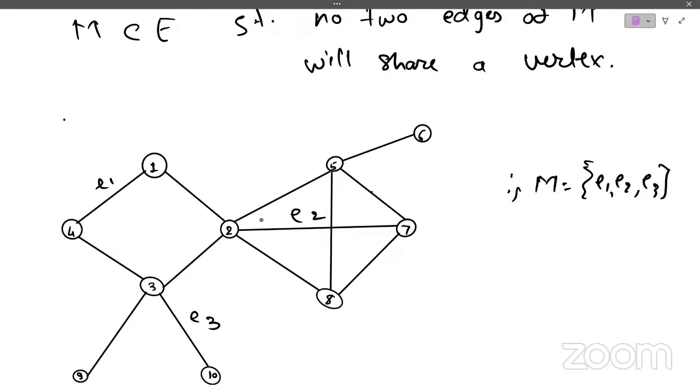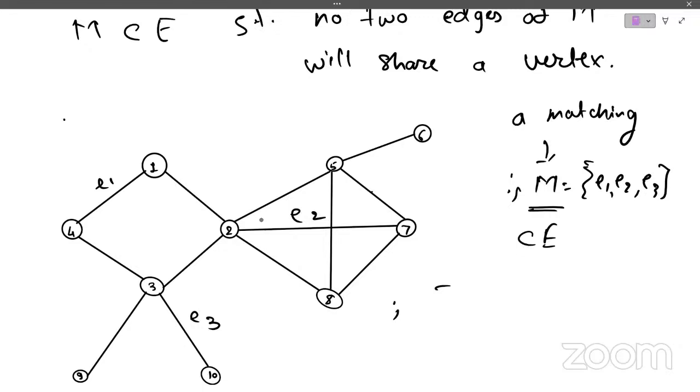Because E2 has endpoints 5 and 8, E3 has endpoints 3 and 10, and E1 has endpoints 4 and 1. So they are not sharing any vertex. So that type of subset of an edge set is called a matching. So matching is basically a subset of an edge set in which no two edges share a common vertex.